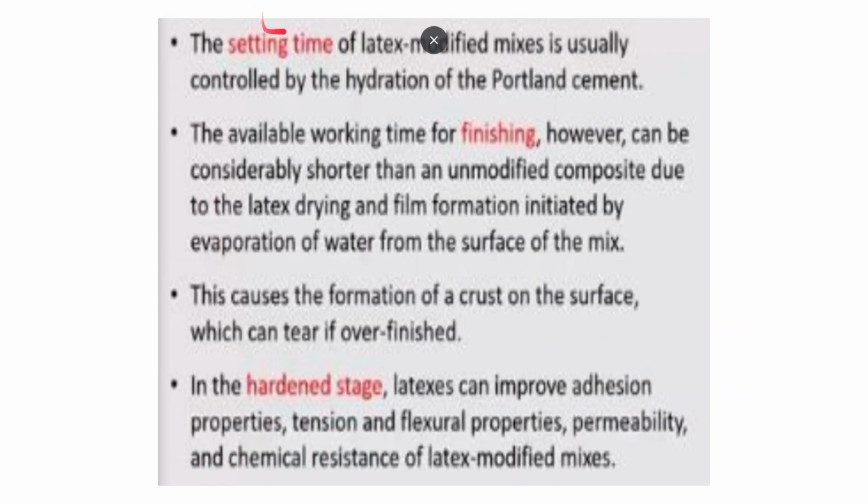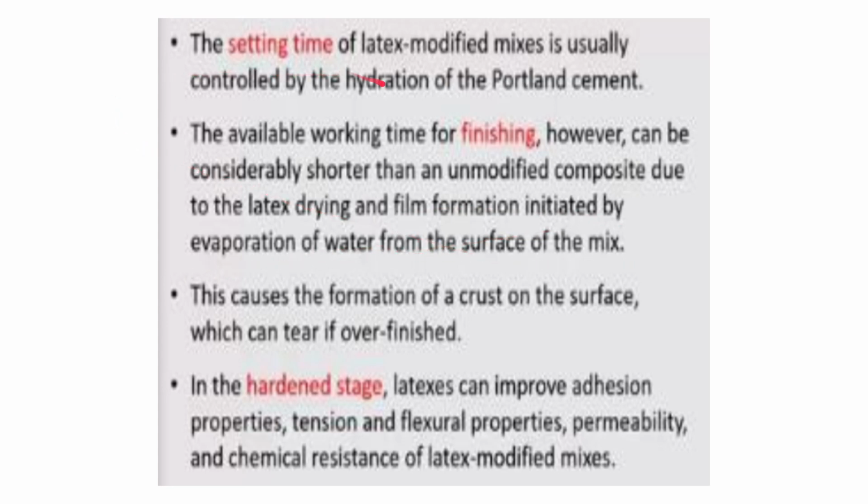The setting time of latex modified mixes is usually controlled by the hydration of the Portland cement, because the main binder phase is the cement hydration. So basically, the setting time is completely dependent on the hydration of Portland cement. The available working time for finishing, however, can be considerably shorter than an unmodified composite, due to the latex drying and film formation initiated by evaporation of water from the surface of the mix.